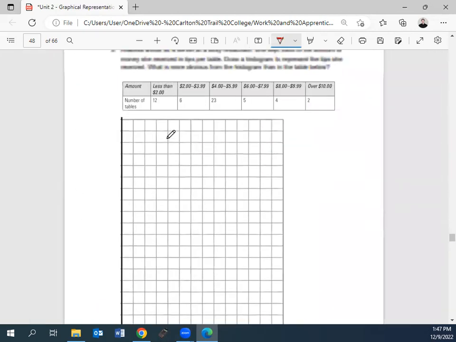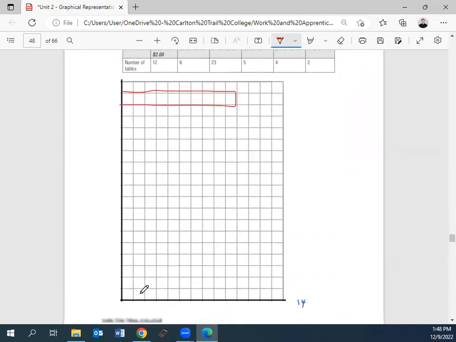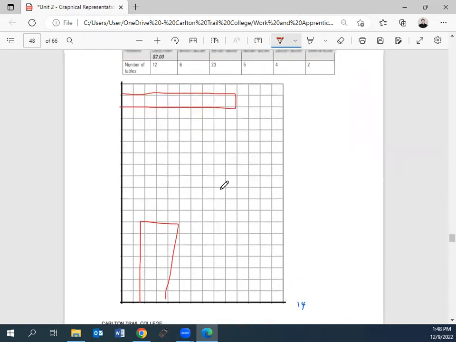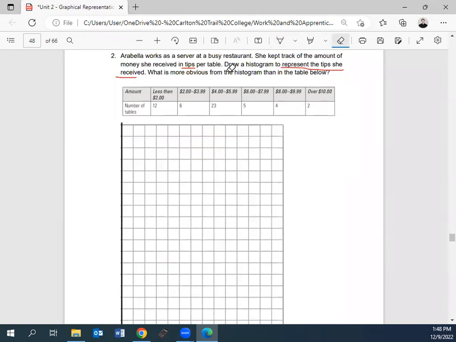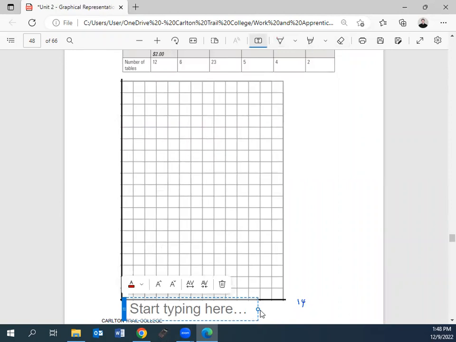We normally put time on the bottom. We don't have a time in this case. So the question becomes, is it going to make more sense to have numbers of tables going up like this, or going up like this? Probably going vertical, right? So we're probably going to put the amount of tables on the bottom in this case.